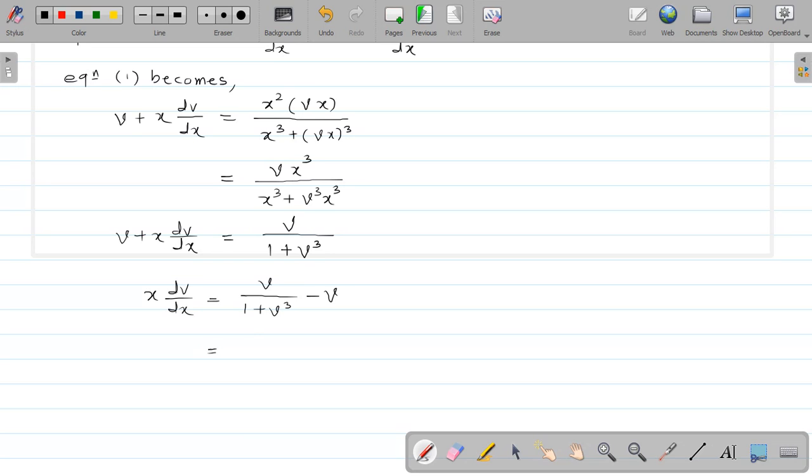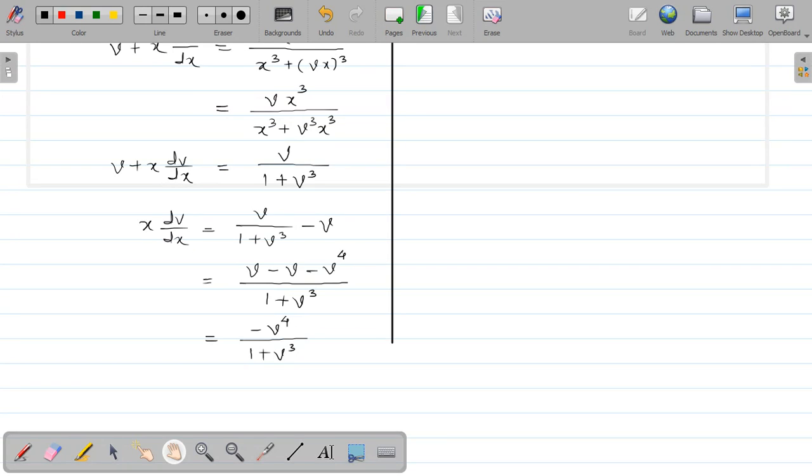After cross multiplication we will get, see the terms here, v multiplied by minus v, and hence we get minus v raised to 4 upon 1 plus v cube. Now after this step we have to separate the terms of v and x.